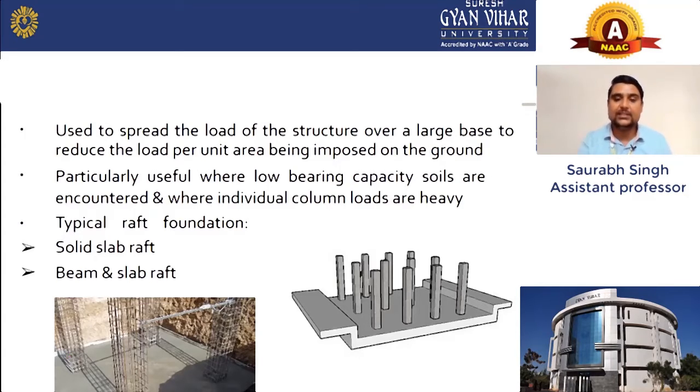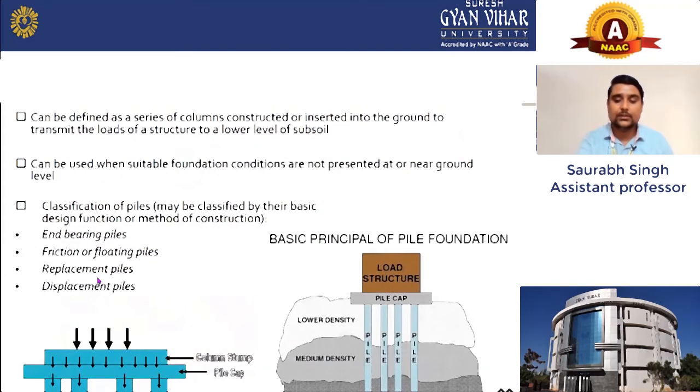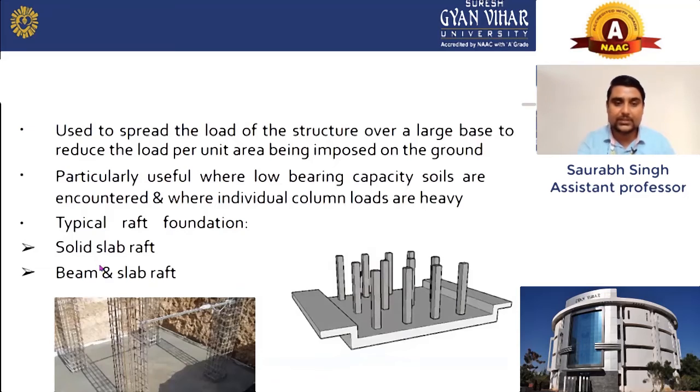When load comes on the ground, the intensity of load will not be very high. It will be reduced by the increased area. This is the main function of a raft foundation. And the second point given here: particularly useful where low bearing capacity of soil is encountered and where individual column loads are heavy. In that place, we need to make a raft foundation.